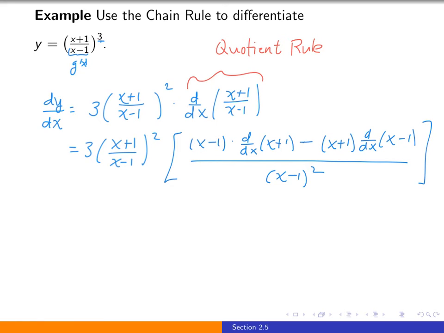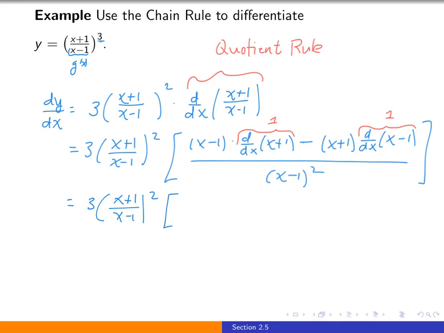Now, just to make our work a bit easier, note that the derivative of x plus 1 is 1, and the derivative of x minus 1 is also 1. Because remember, the derivative breaks up over a sum, so it becomes the derivative of x, which is 1, plus the derivative of 1, which is 0. So we have the 3 times x plus 1 over x minus 1 squared.